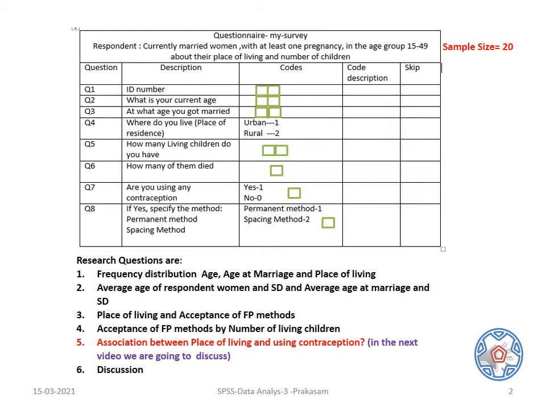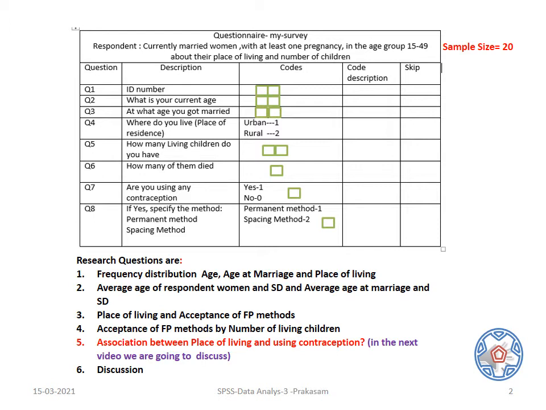Initially, the questionnaire has the identification number and the current age, as reported by the reproductive woman, and at what age she got married. That is an open-ended question, and a 2-digit integer answer will be given.